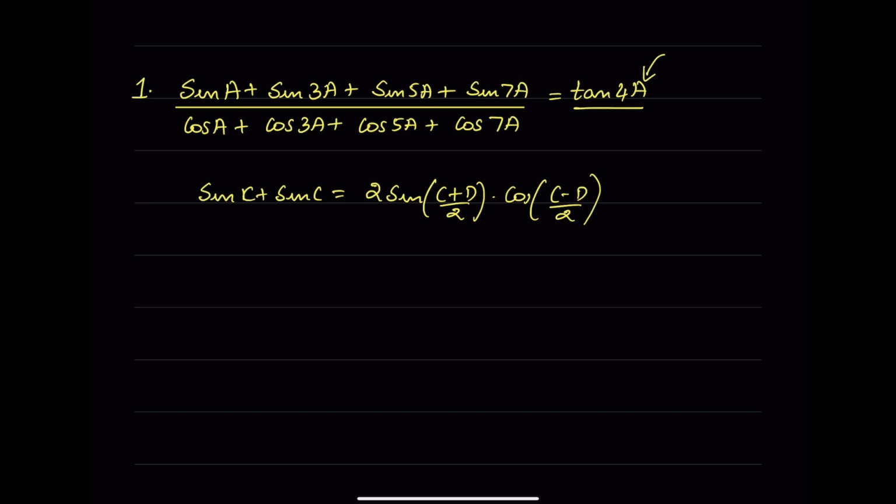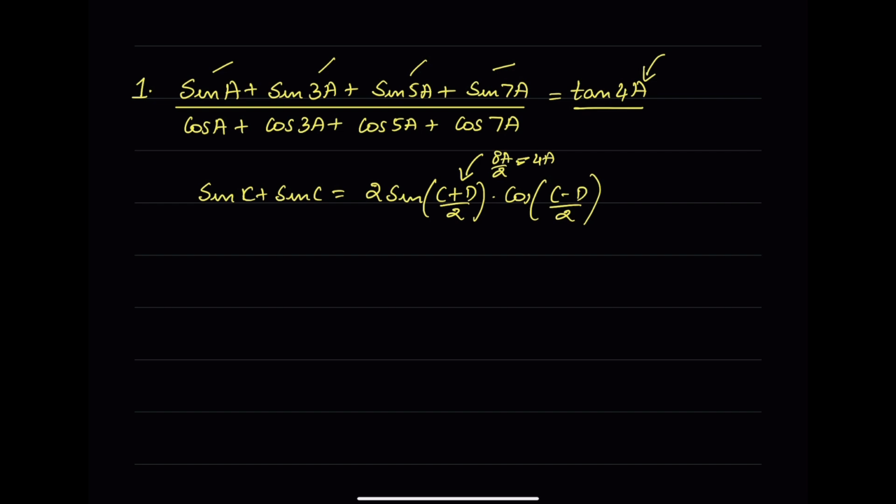So we have to look for a grouping which will give us C plus D value or C minus D value as 8A by 2, which is equal to 4A. So what we can do is, let us group sin A and sin 7A together and sin 3A and sin 5A together.